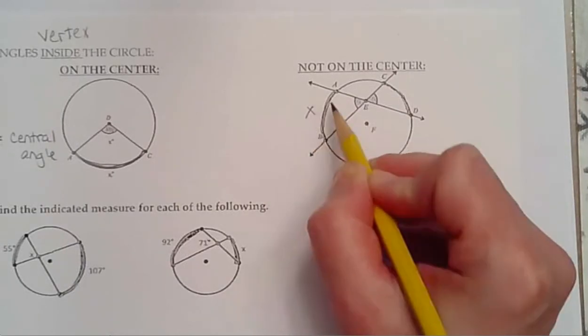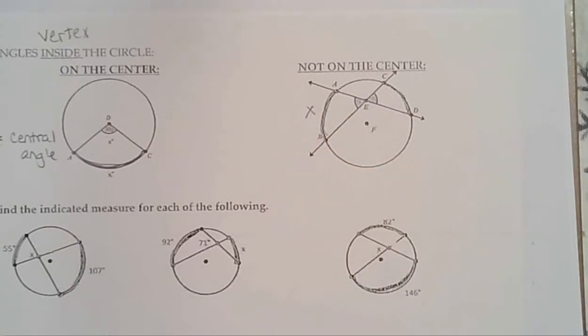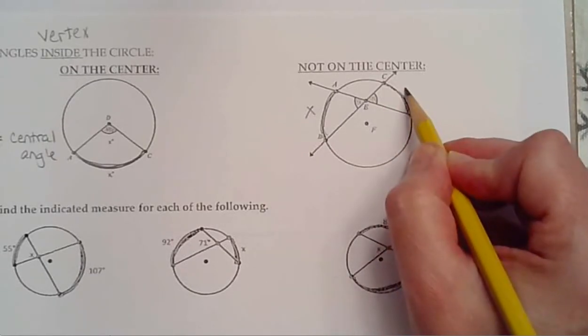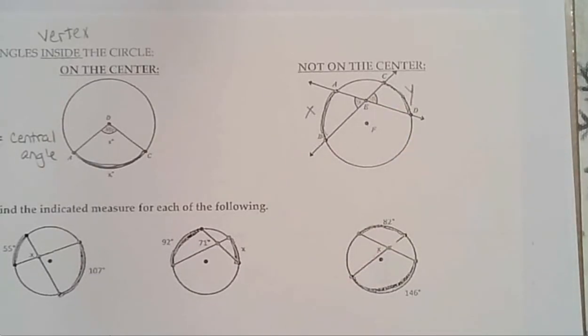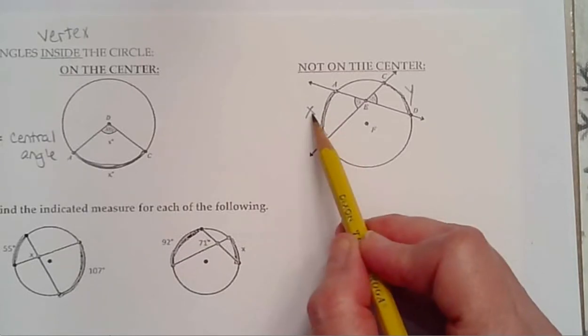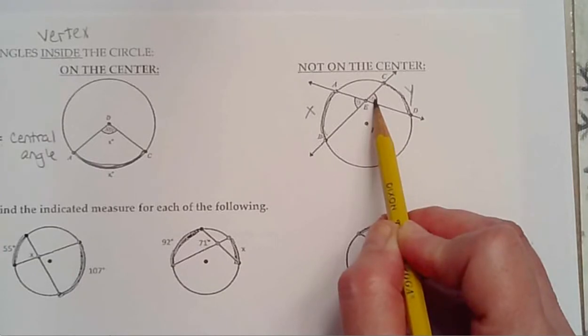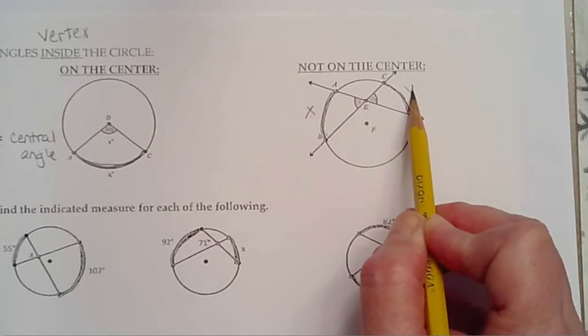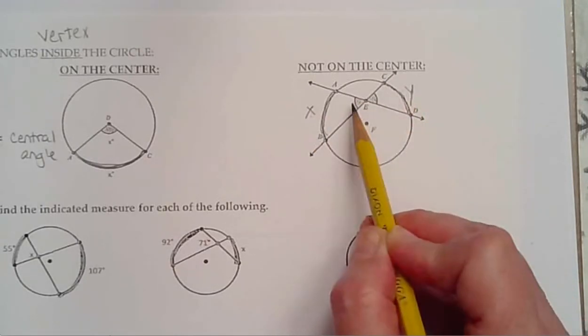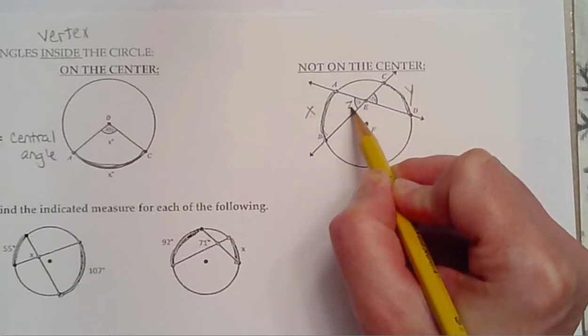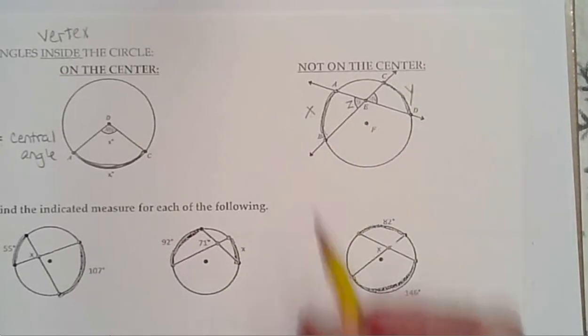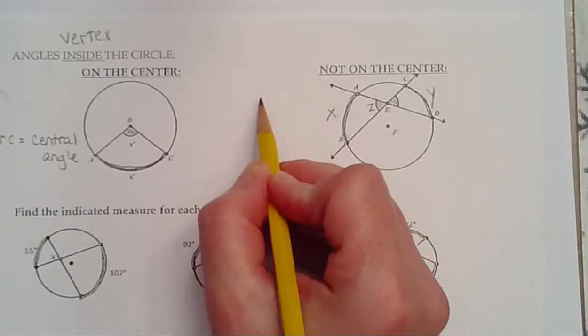I'm going to call this arc over here X, and this arc over here Y. What we're going to do is average them to find this angle. So X plus Y divided by 2, that's your average, and that's going to give you, why not use Z, right?